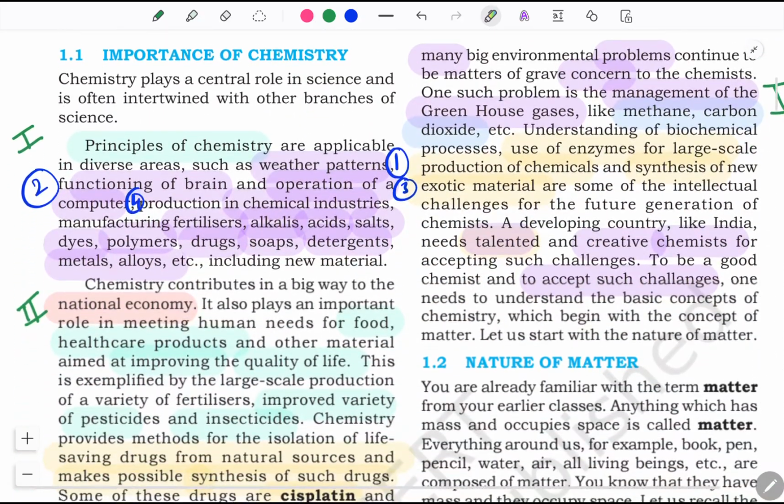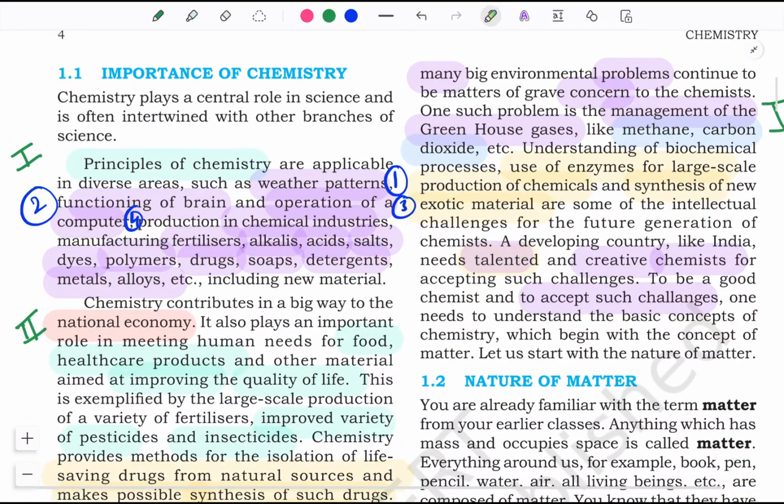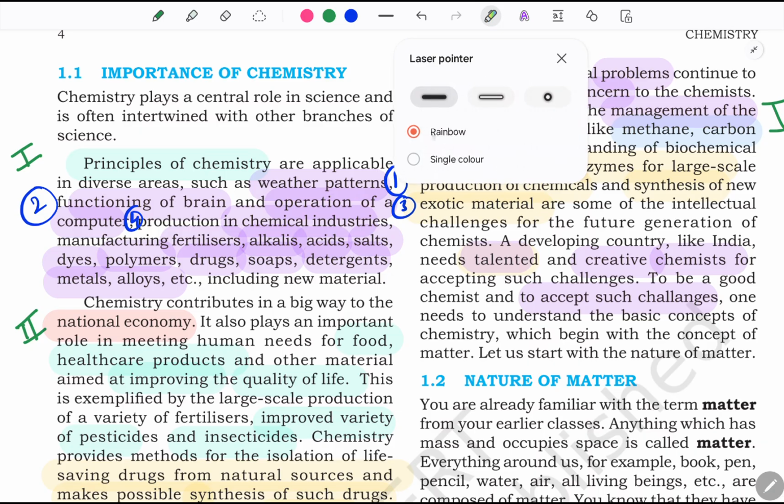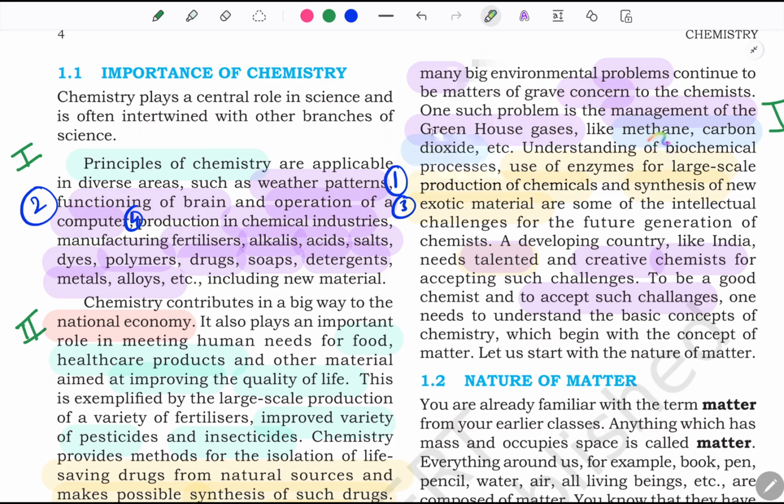Let us now come to topic number one, that is, what is the importance of chemistry and why are we studying this chapter? So, children, chemistry plays a very important role in our daily life. We have just taken a few points over here.